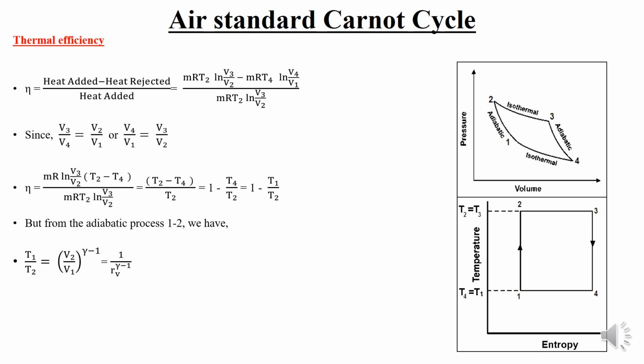So what you will get, T1 by T2 is nothing but 1 divided by RV to the power gamma minus 1. So substitute over here, and thermal efficiency is nothing but 1 minus 1 divided by RV to the power gamma minus 1. So this is the expression for thermal efficiency of the Carnot cycle.